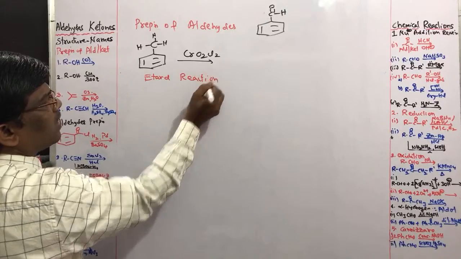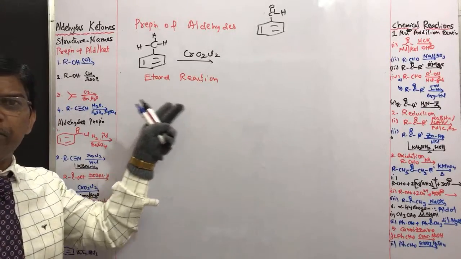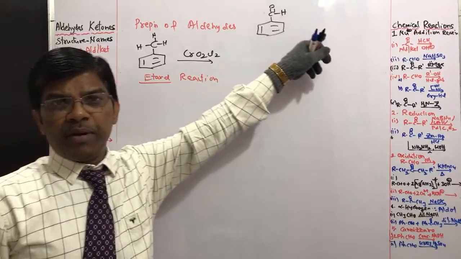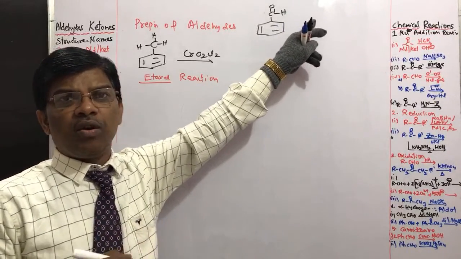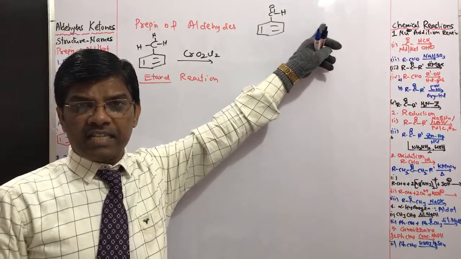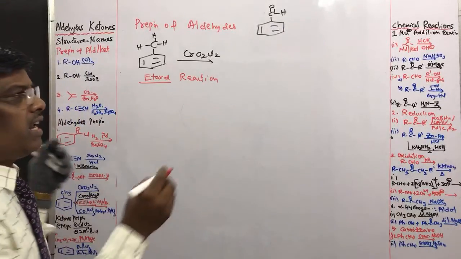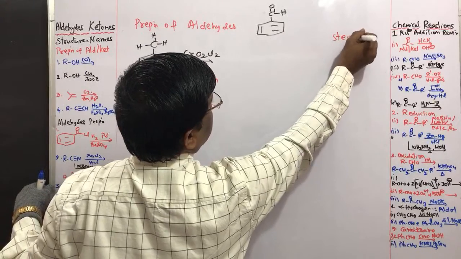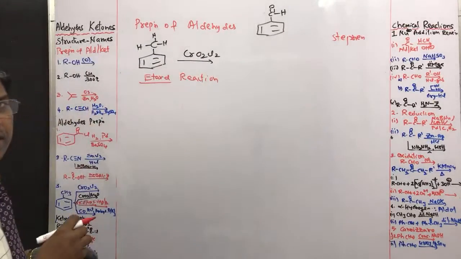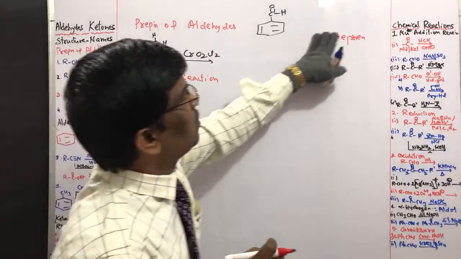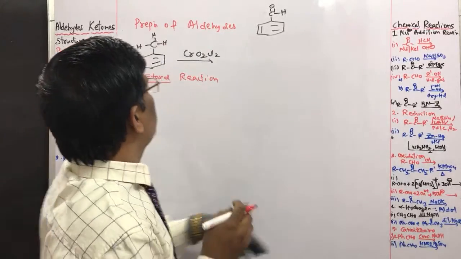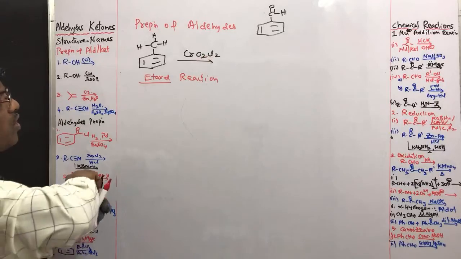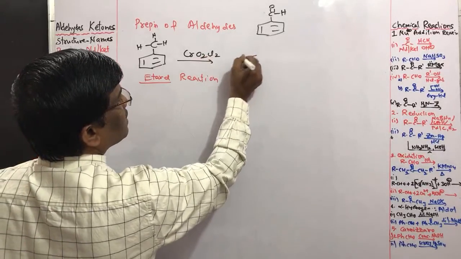Most of the times you will get questions based on name reactions. So Etard is the name of a scientist. Just now what I said, Rosenmund is a scientist name, and the stannous chloride reaction is the Stephen reaction, students. Just now I forgot to mention Stephen reduction or reaction, right? So in this benzaldehyde preparation, Etard reaction, chromyl chloride, it is going to form a chromyl complex.